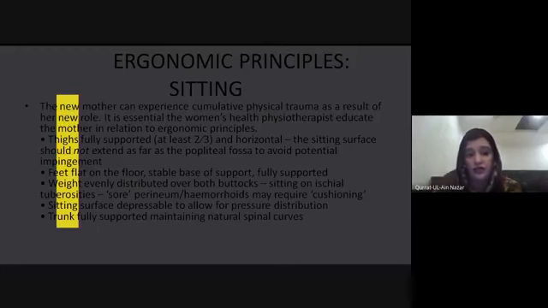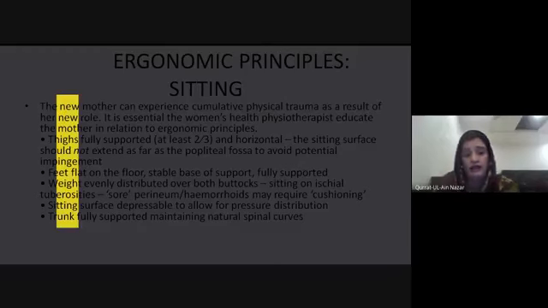Her weight should be evenly distributed over both buttocks. She should not sit on one side of the buttock. She should properly put weight on both sides of the ischial tuberosities to avoid any type of soreness or perineum or hemorrhoid-like issues.